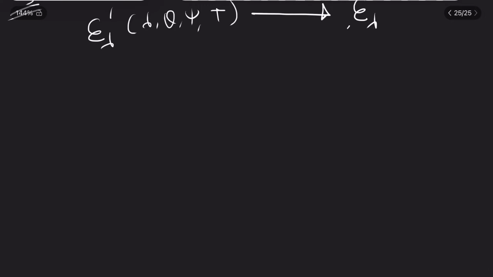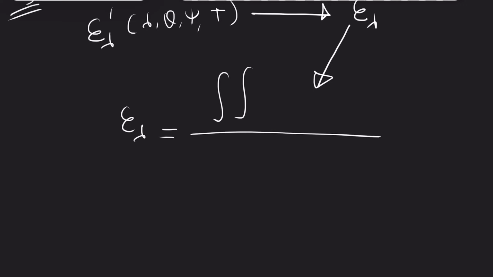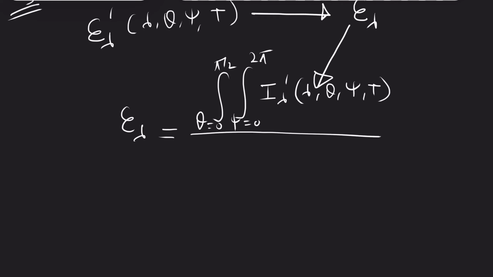What will you do? This has a definition, that is, this is equal to the integral over theta and psi from 0 to pi by 2 and from 0 to 2 pi, and then we will have the actual body I lambda, this thing into sin theta d psi into cos theta.